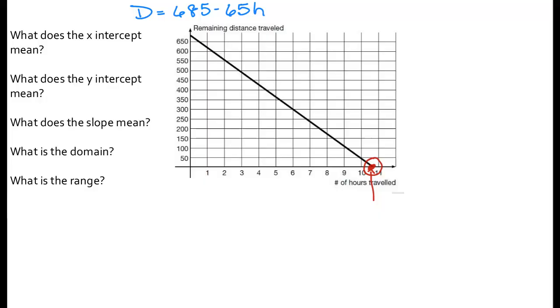How many hours she traveled to get to Disney. Yes, that is the exact amount of time that it took for her to get to Disney. Okay. All right. So the x-intercept means the amount of time.